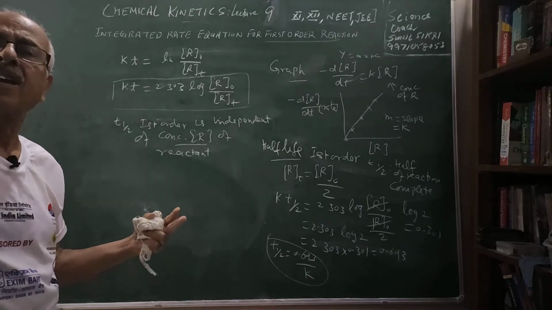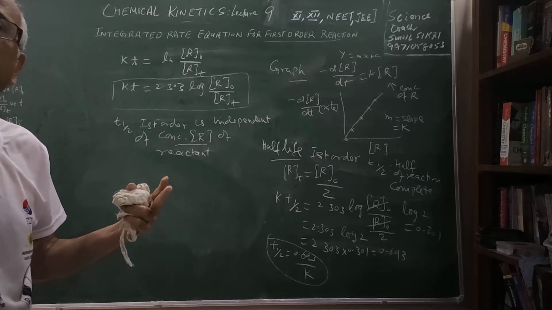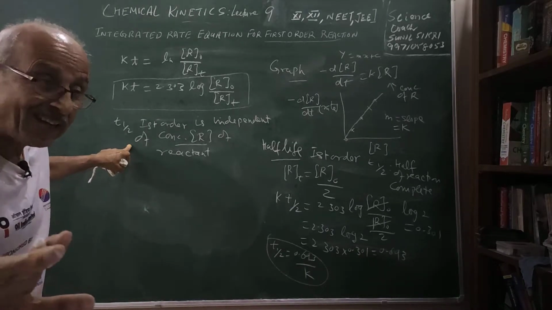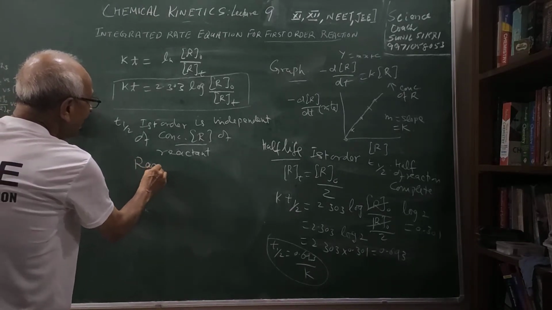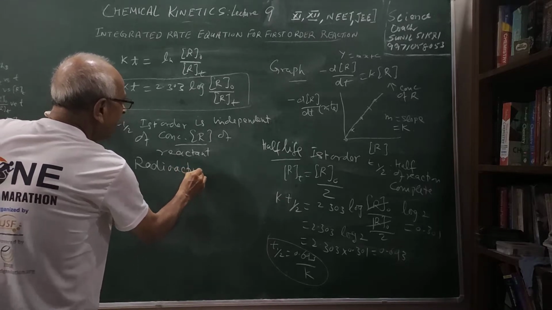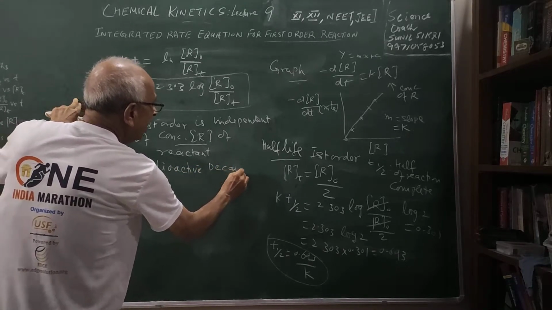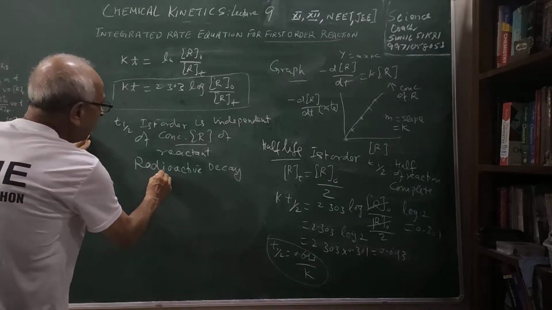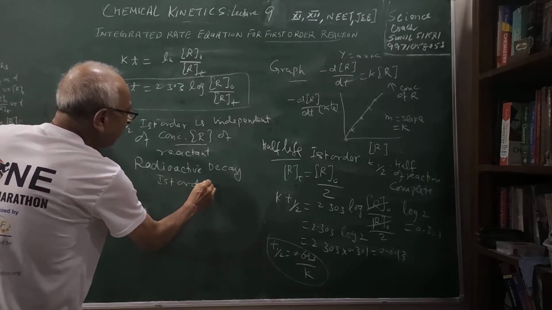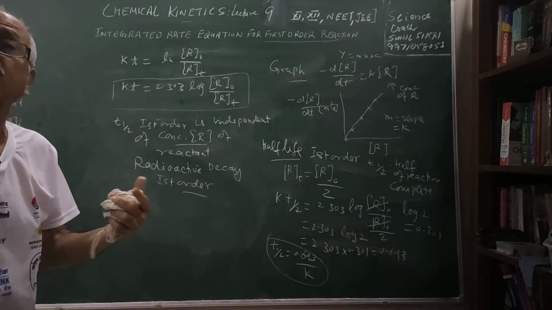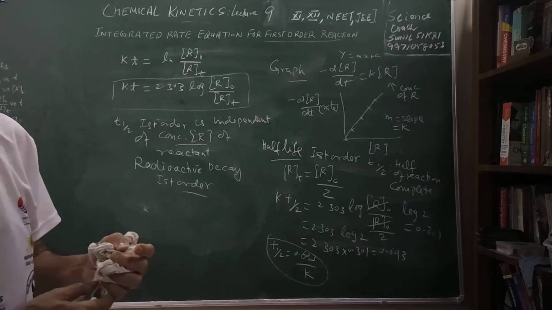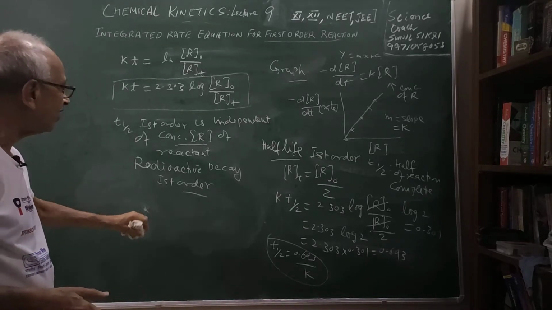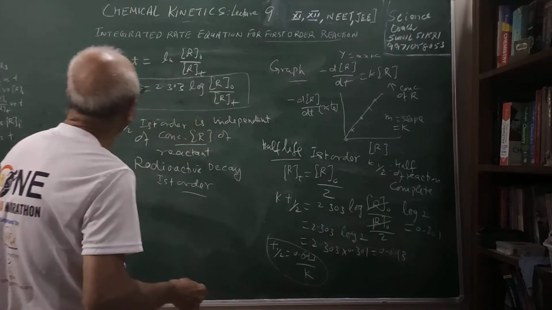You can take 10 grams, 1 kilogram, 100 grams or 1000 kg, and the half-life will remain the same. All the radioactive decay of radioactive isotopes like C14 etc. follow first order kinetics. They are all first order. Their half-life is constant. Most of the times when I talk about radioactive isotopes, they have a half-life. So this half-life is always constant for a first order reaction.